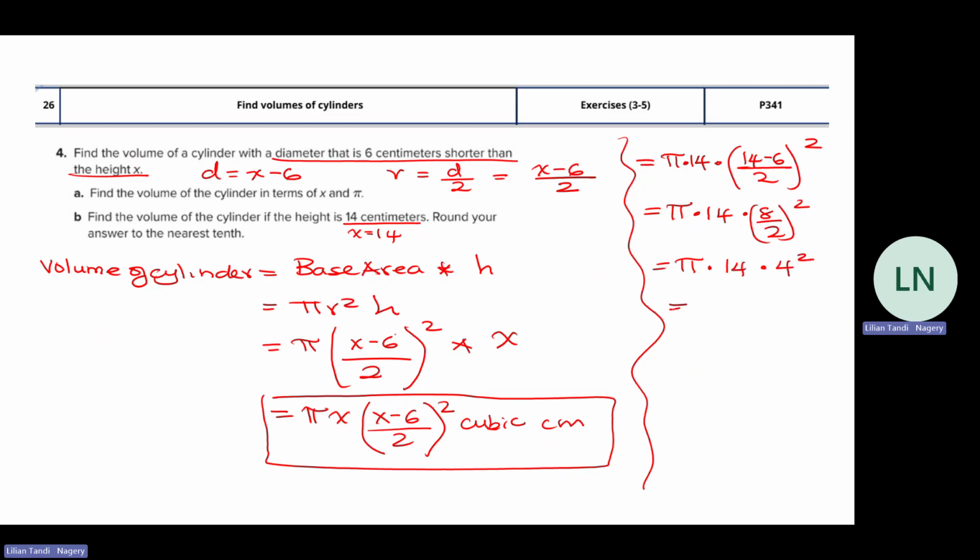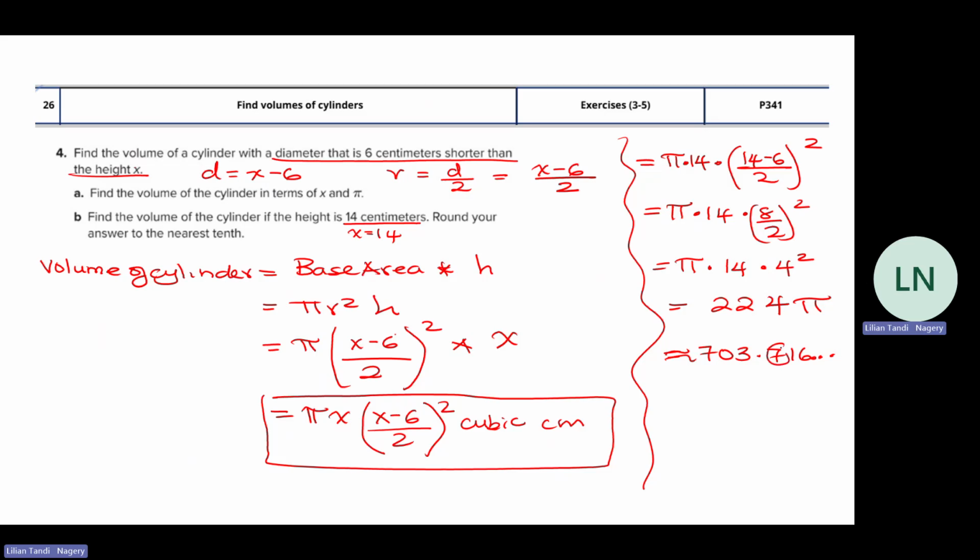And that should give you 224 pi. Okay. And then if you change it to decimal, this should give you 703.716 ellipses, and then cubic centimeter.